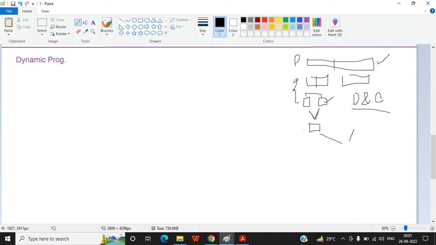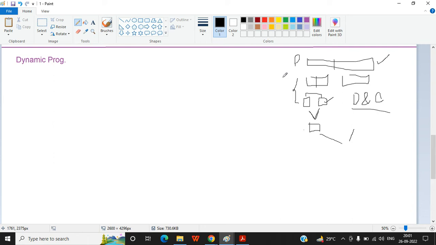What we do is something called the memoization technique. Now, what is the memoization technique? We build a table. In most cases we build a table, and that table will store the solution of the earlier subproblems, and that solution will be used to find the solution of the next subproblems.